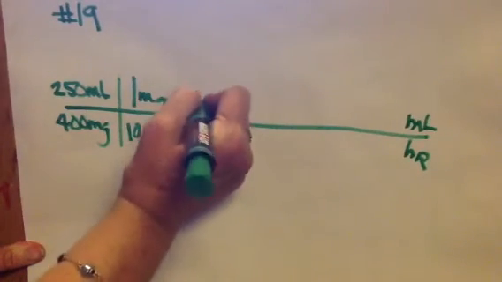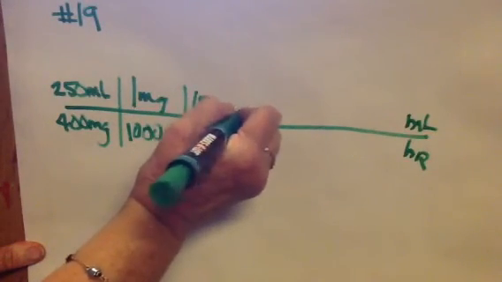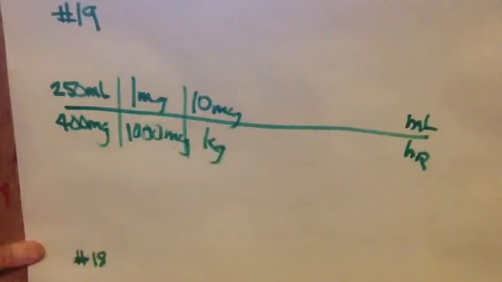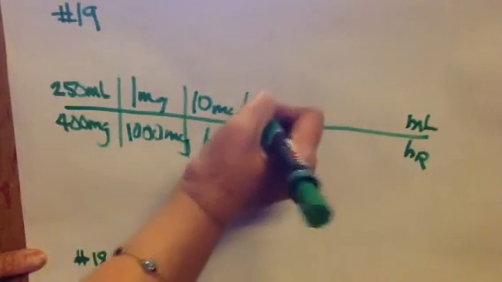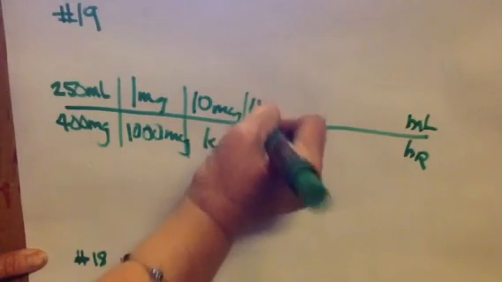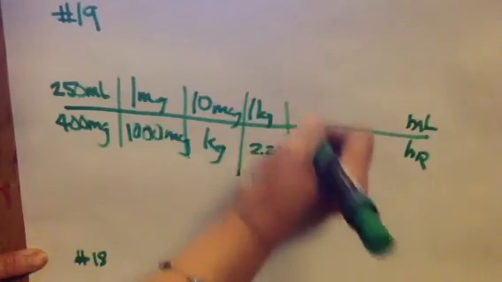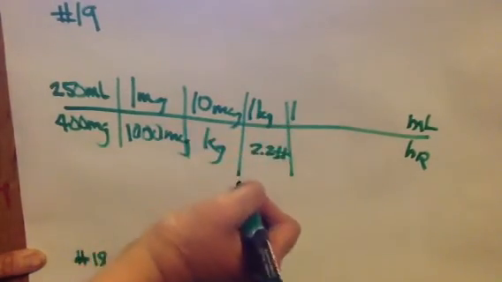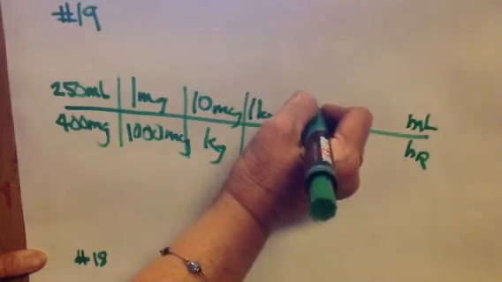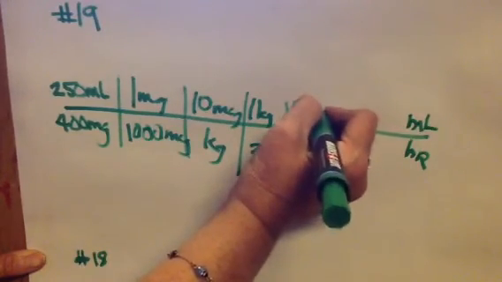We're wanting to give 10 micrograms per kilogram. We have our weight in pounds, so we need another conversion. We have 1 kilogram, that's 2.2 pounds. We have 189 pounds is what our patient weighs.